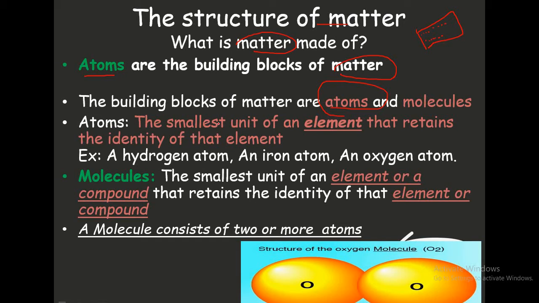An atom is the smallest unit of an element that retains the identity of that element. For example, hydrogen atom, iron atom, and oxygen atom. In air we find the oxygen molecule, O2.